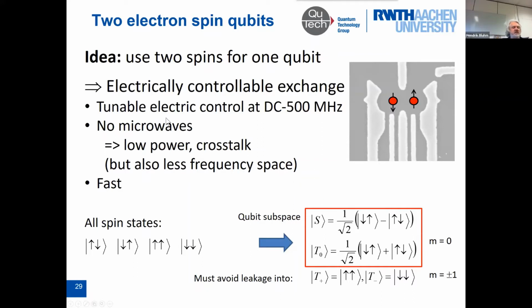That has the big advantage that one can use fully electrical control, only through voltages on the gates, using the exchange interaction between these 2 spins, which makes it very fast and avoids the need for microwaves. So you can get by with low power and also reduce crosstalk because the frequencies are lower. And since this manipulation is fast, it helps to beat dephasing due to nuclear spins in the system.